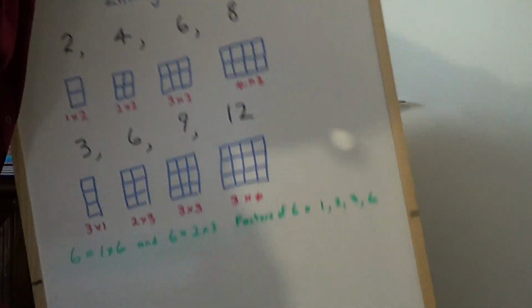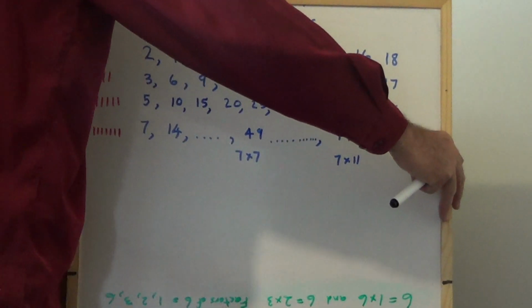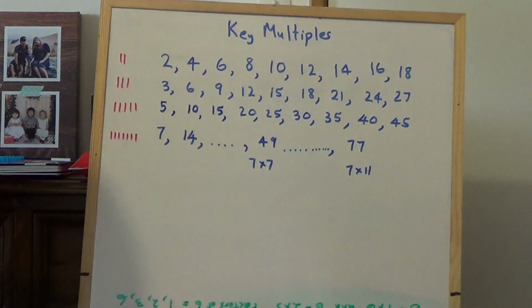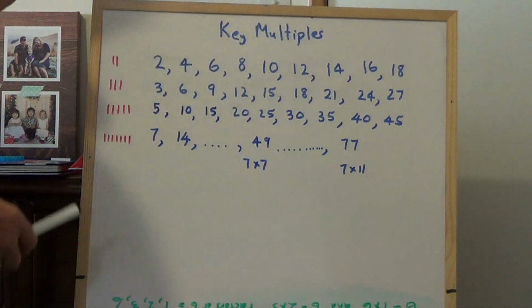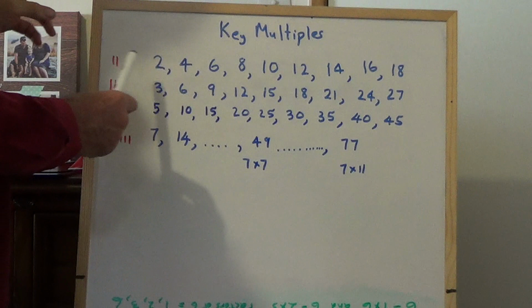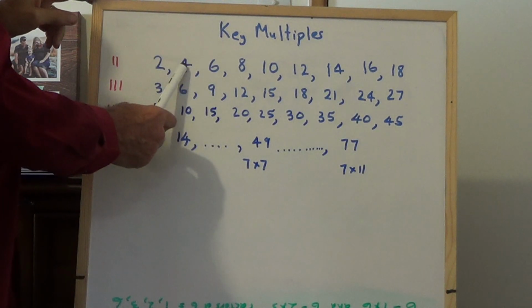Right, let's flip her over and look at the key multiples. Now, I'm going to go through generating the multiples. I use tally marks. You put a couple of tally marks there, and what you do is start at 2, 3, 4, there's 4.